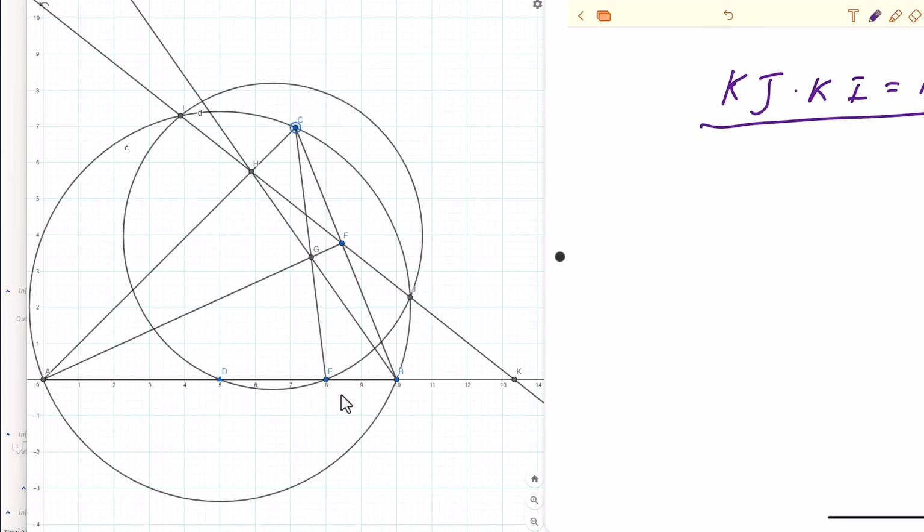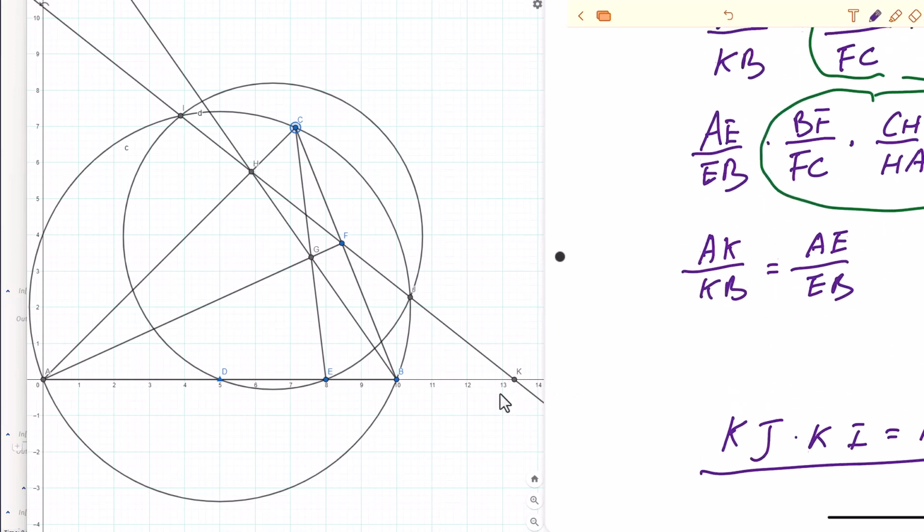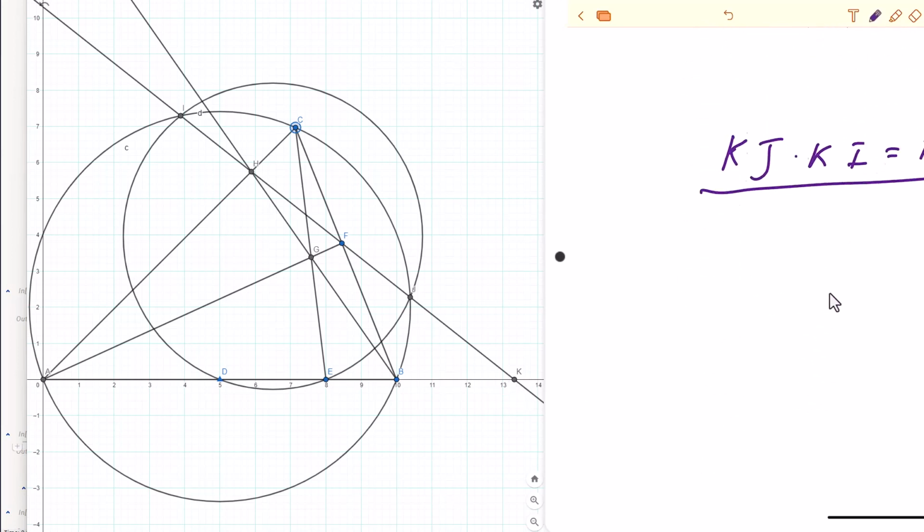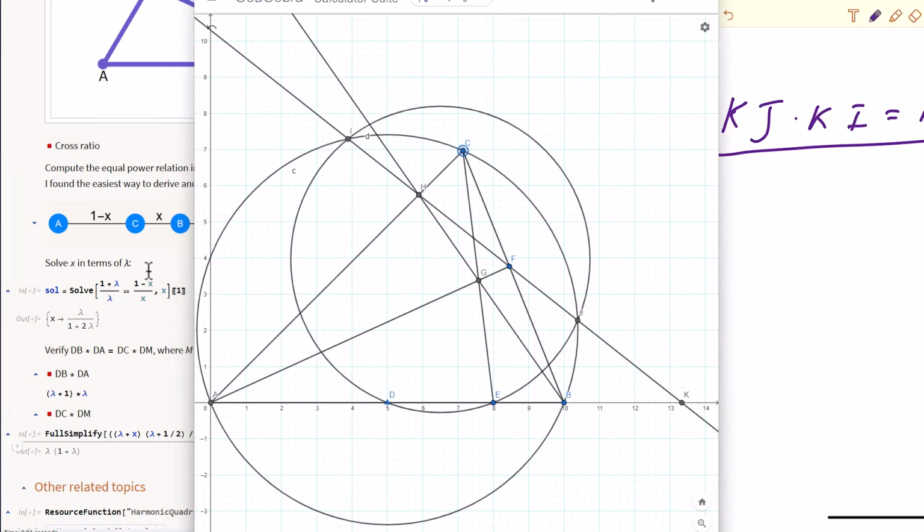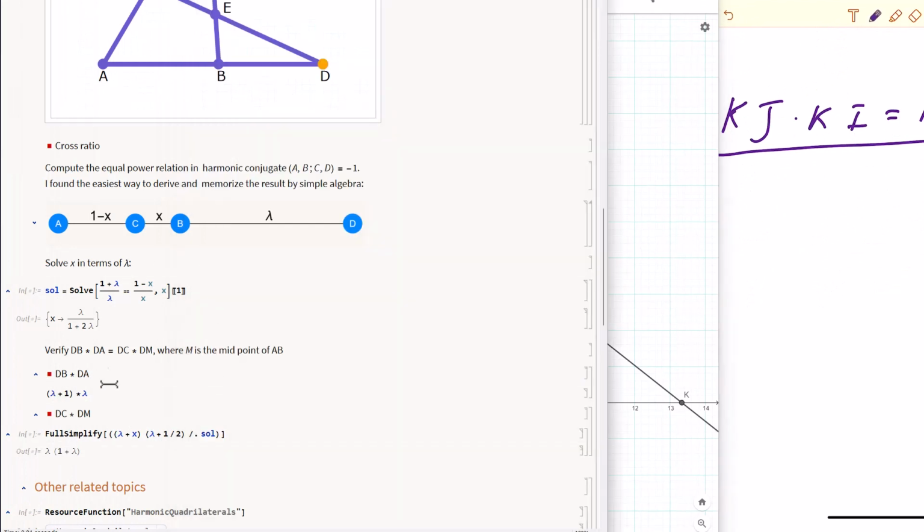The other thing is, because we have shown that A, E, B, K are harmonic points, and we also did the equation solving process to find the length. In this diagram, it's DC times DM equal to DB times DA.